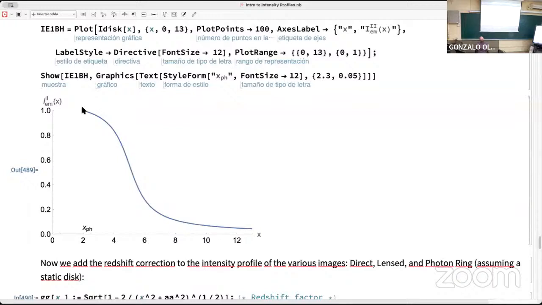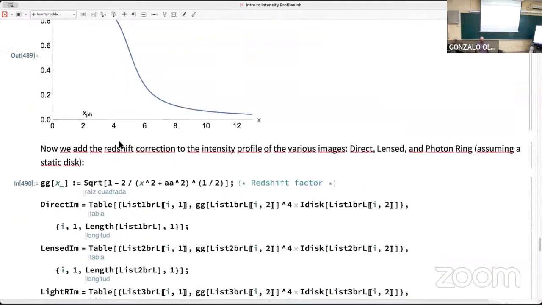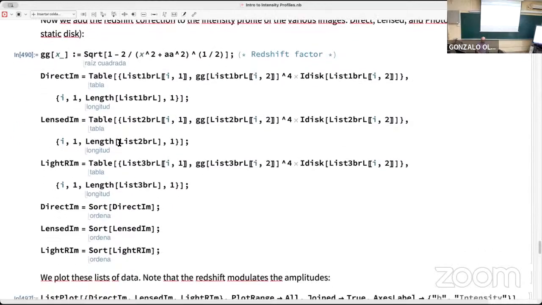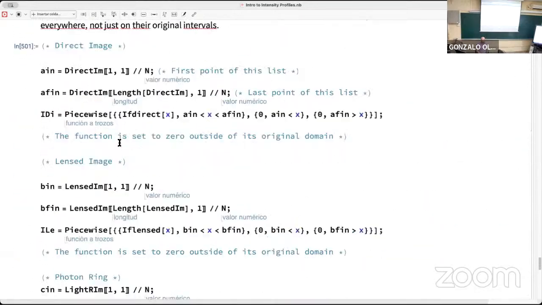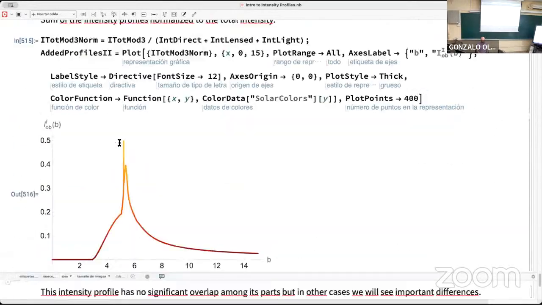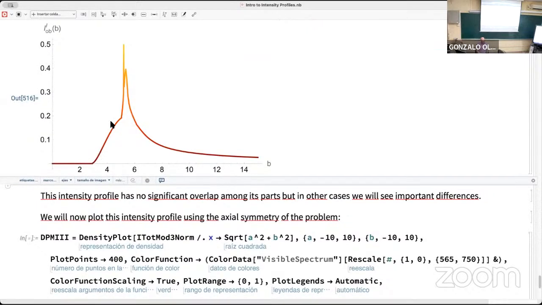The photons are absolutely redshifted. So even if the intensity profile is highest here, due to the strong redshift, that is not the most brilliant or bright region that you observe. As you can see, this is quite dark. And the region of the photon ring is the region with the maximum intensity, and it's not too narrow.